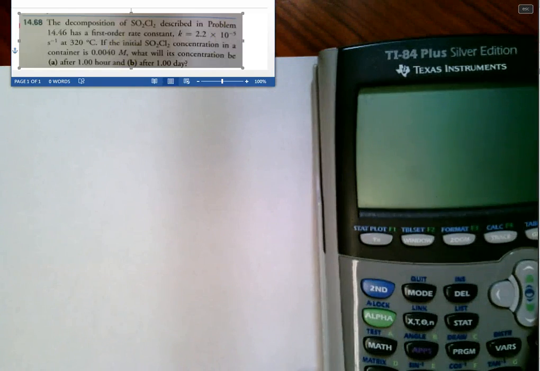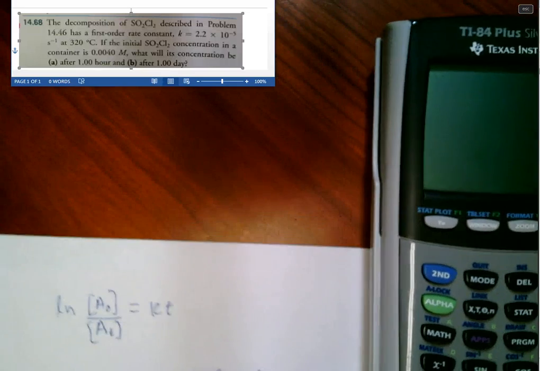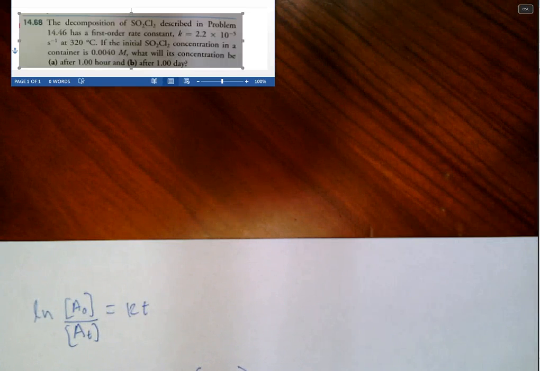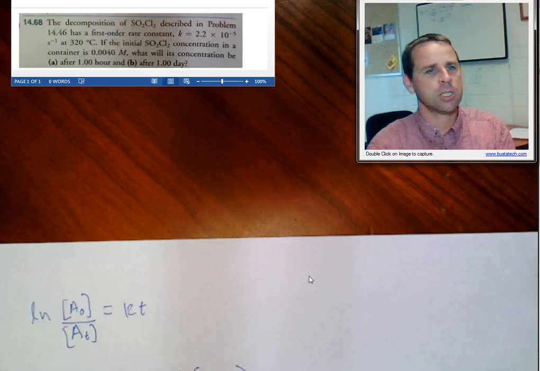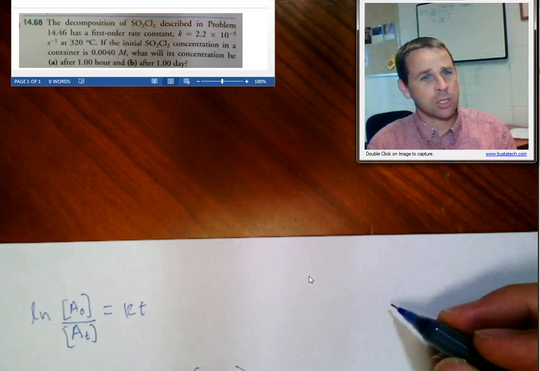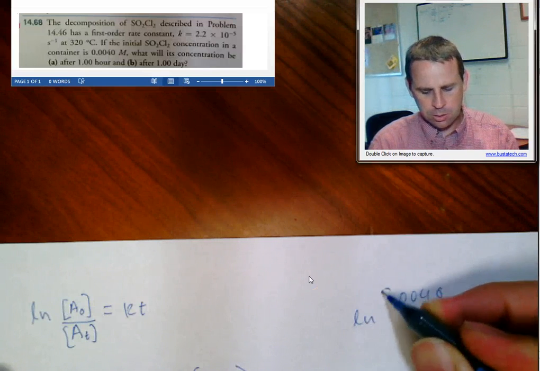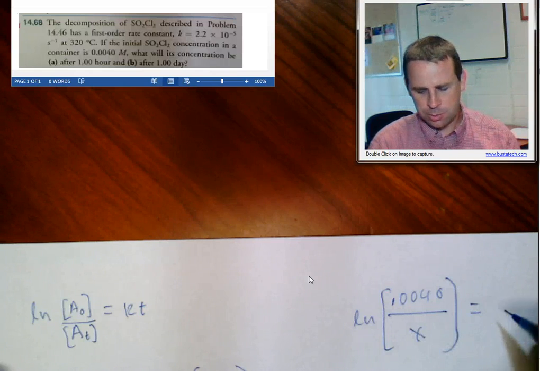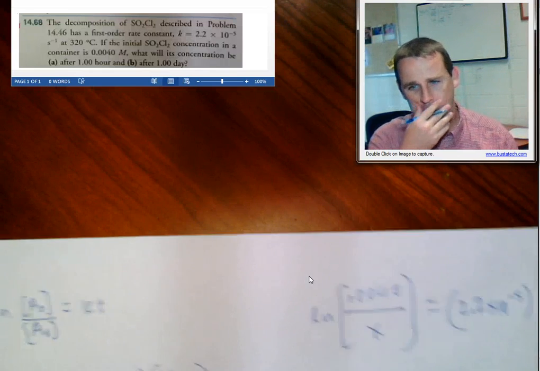Alright, so if we solve the second one in 1468, same equation here. The initial concentration, 0.004. The natural log of 0.004 over x is going to be equal to k, which is 2.2 times 10 to the minus 5 times 1 day.